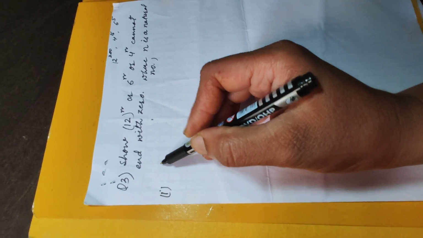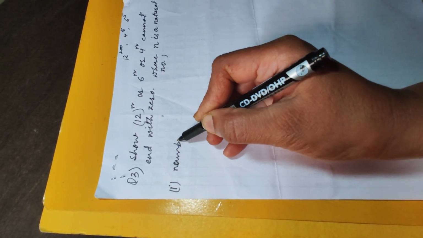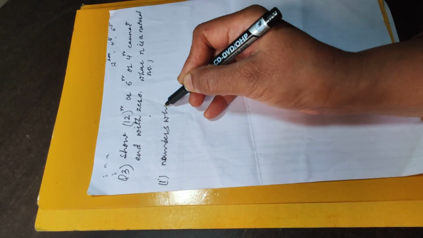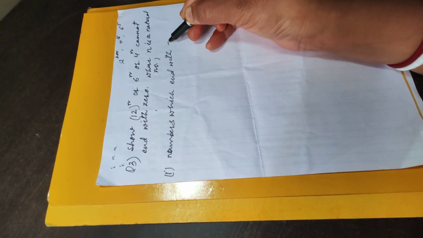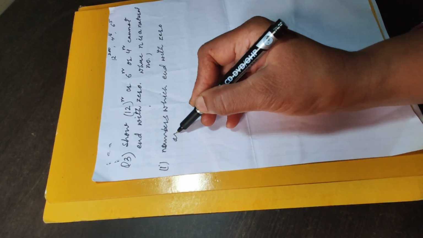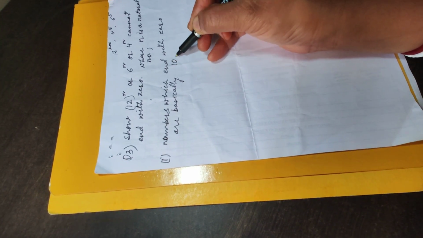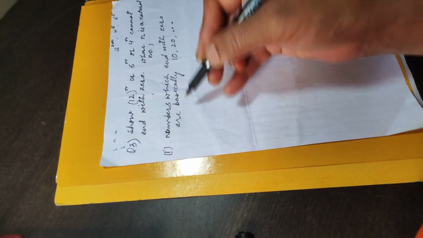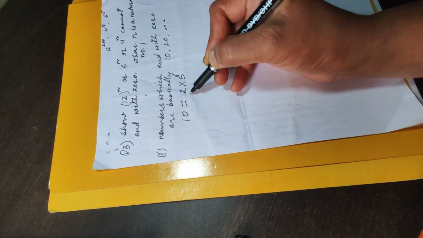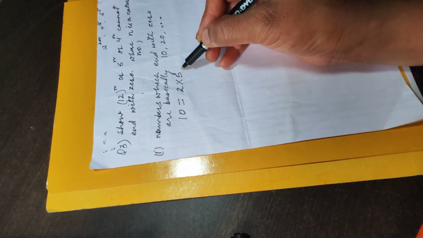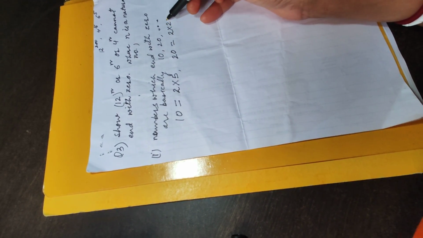First part, let us see the numbers which end with 0. They are basically of the type, say, 10, 20, and so on. When we find the prime factors of 10, we have 2 into 5. The only primes occurring are 2 and 5. When we find the prime factors of 20, it will be 2 into 2 into 5.